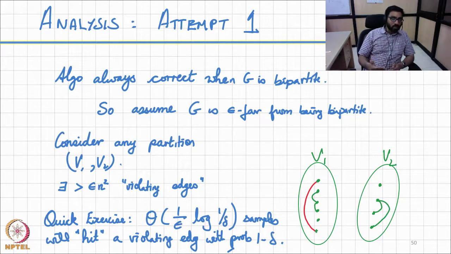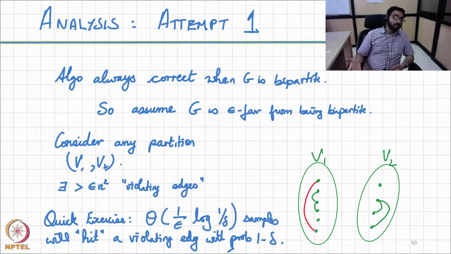So for this, you will have to look at the probability that each sample, and here we're sampling edges in some sense, each sample will be a violating edge with probability epsilon, and so each sample will not be a violating edge with probability 1 minus epsilon, and we have a 1 over epsilon times log 1 over delta such samples.